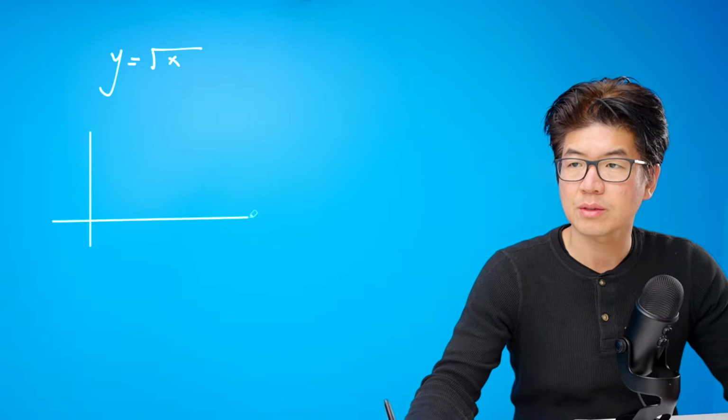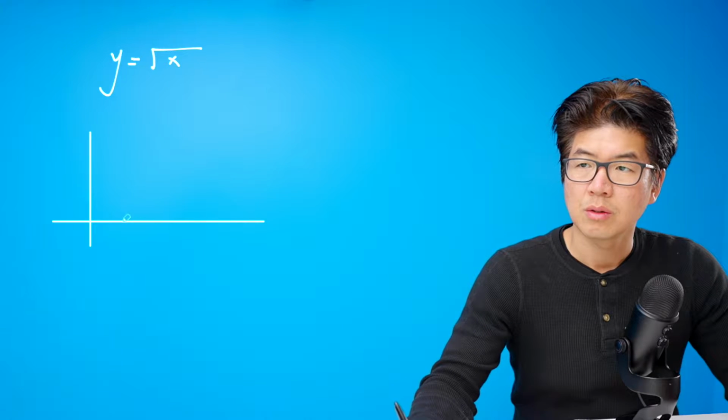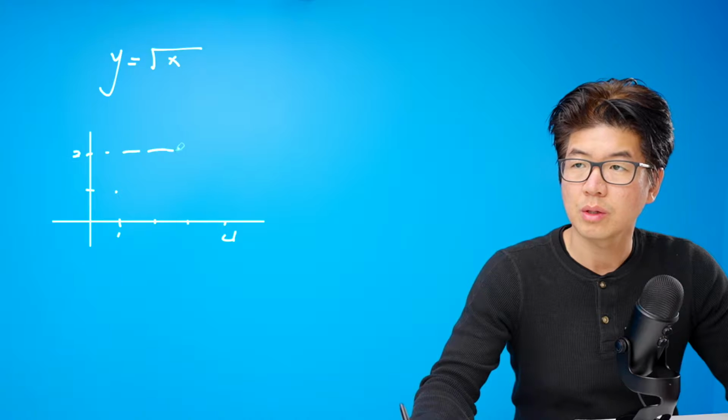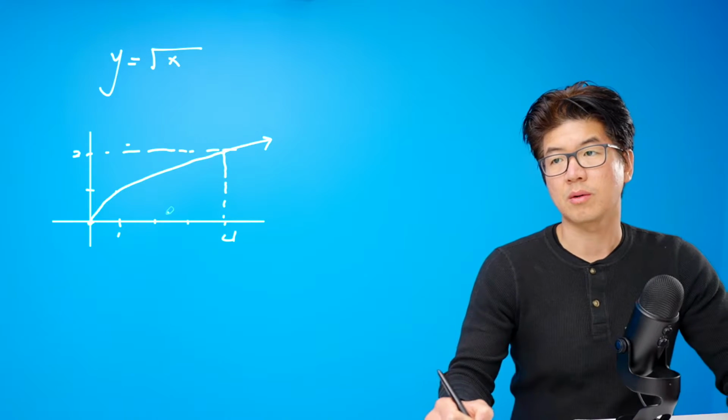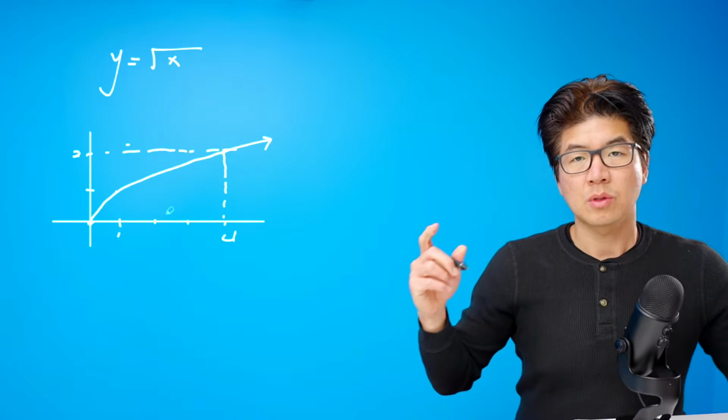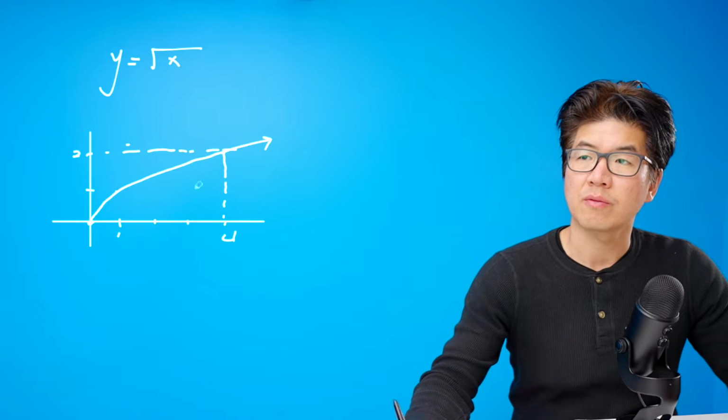So square root of x: 0 squared is 0, 1 squared is 1, square root of 4 is equal to 2. Okay, so the graph looks like this. Maybe I can do a little better job making it fit through like that, right? So how do you horizontally compress this graph?